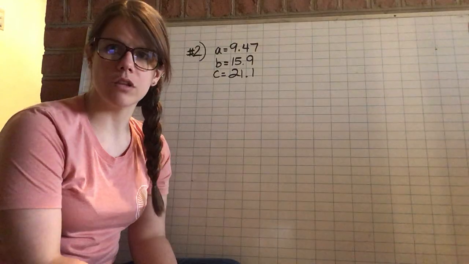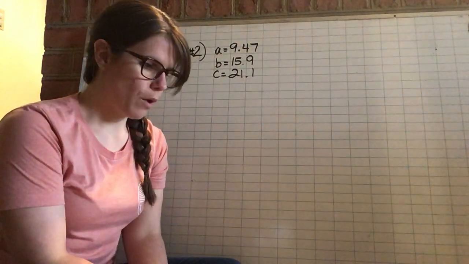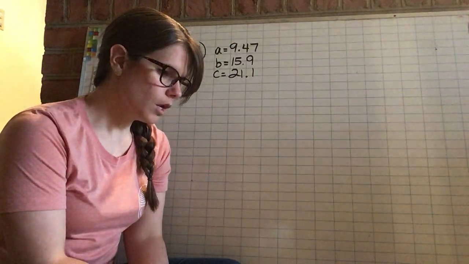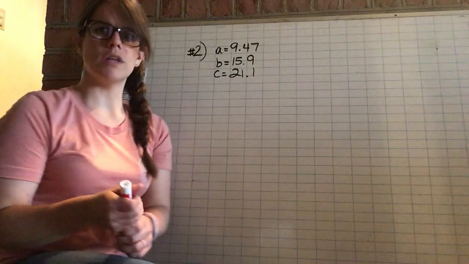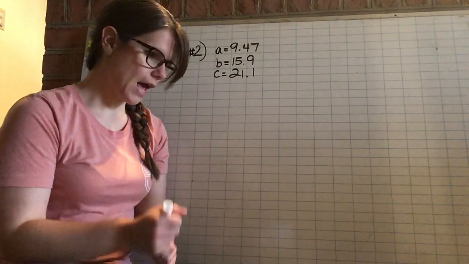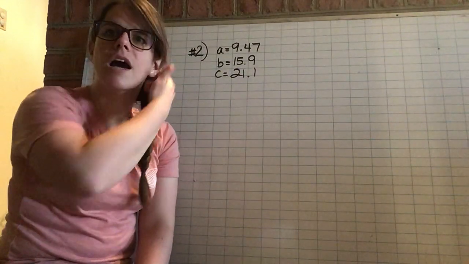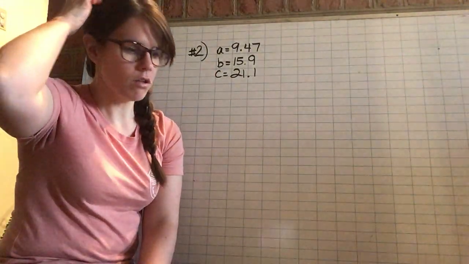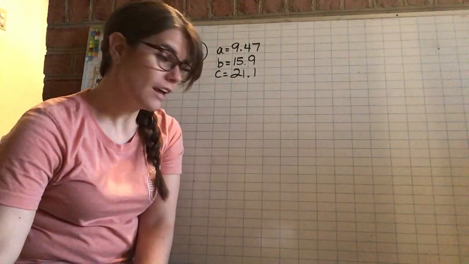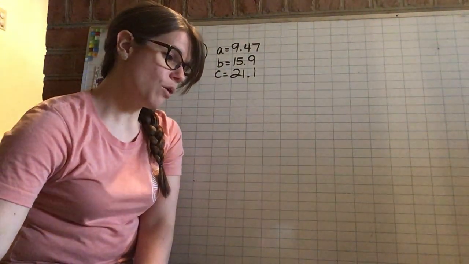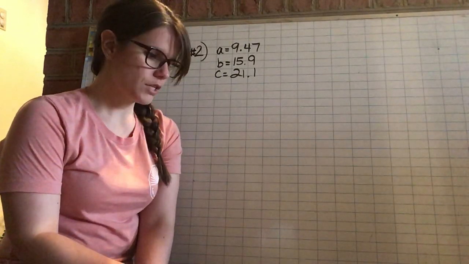All of your little lowercase letters are going to be filled in with numbers. Here's the other little red note that I want to make for you. Last time, when we had one angle and two sides, we used law of cosines to find the third side that went with the angle we had. Then I gave you a little red note that said you have to find the smaller angle first.